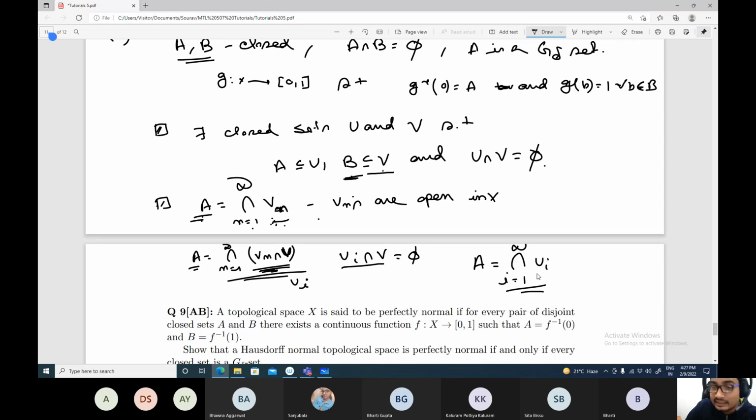Okay, and then apply the previous argument: take Ui complement and A. You can find functions fn, then consider g as summation n equal to 1 to infinity of 1 by 2 to the power n times fn. Okay, consider this function. You will see that this function will give you this result. Okay, is it clear?